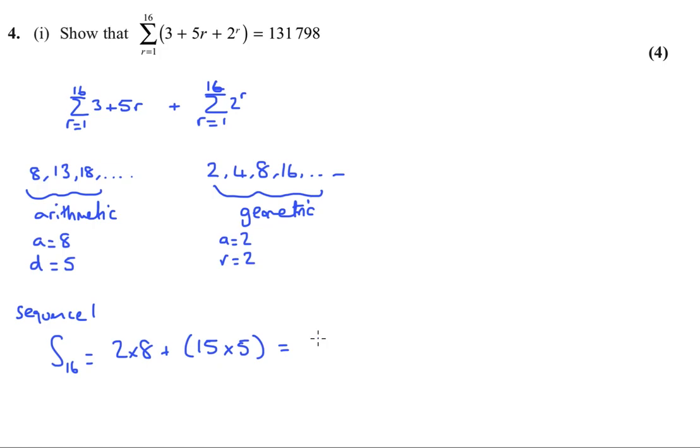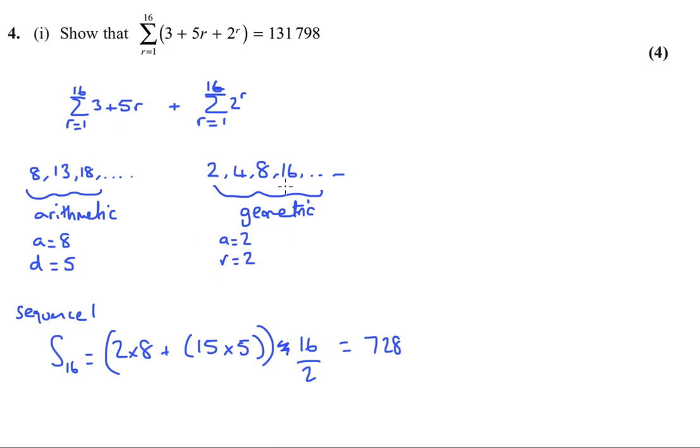So 16 plus 15 lots of 5. Oh, we need to times it by n over 2 as well, don't we? Messing up the formula. Times it by 16 over 2, so times it by 8 as well. Is 728.